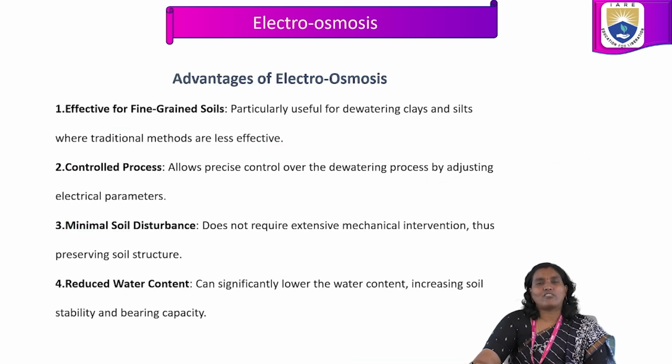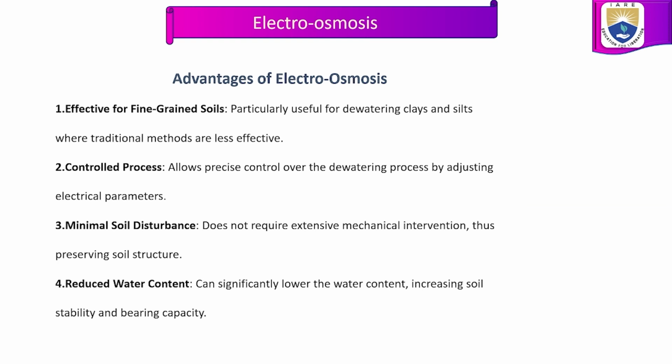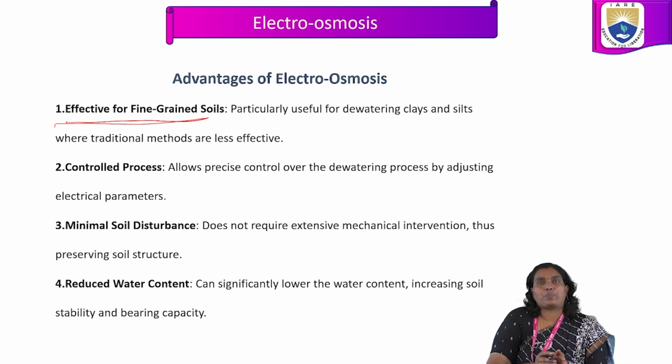And coming to the advantages of electro-osmosis, the first one is that it is effective for fine-grained soils. Why for fine-grained soils? It is particularly useful for dewatering clays and silts where traditional methods are less effective.